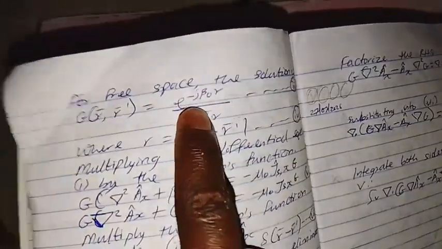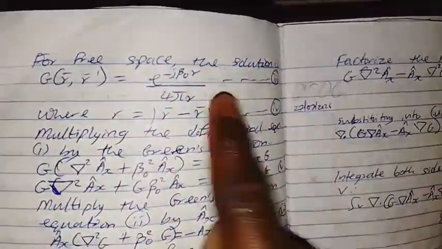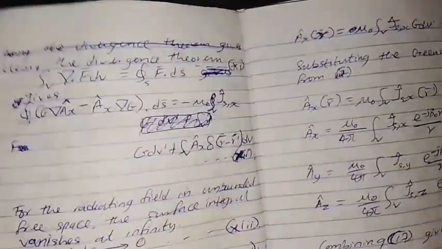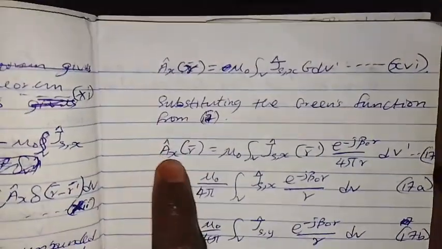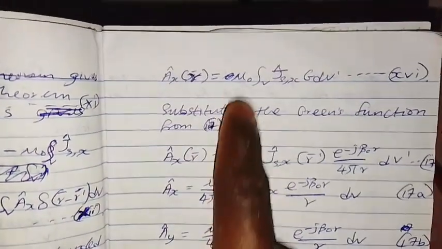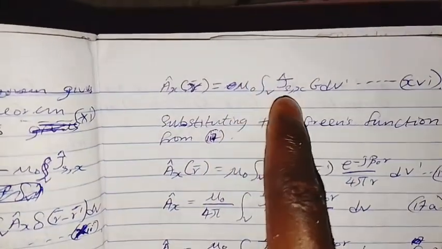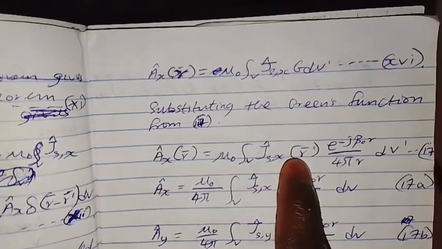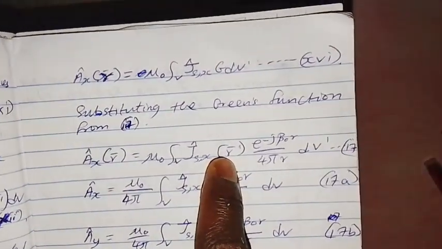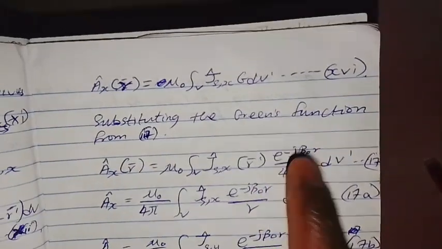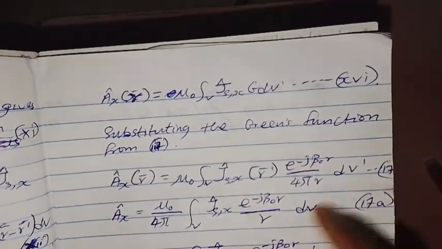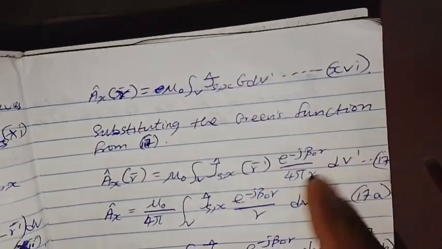So G equals all this. So where you have G in that formula, you put all this. Look at it here. Where you have G, you have all these things in place of G. Do we get it? Of course, dV.